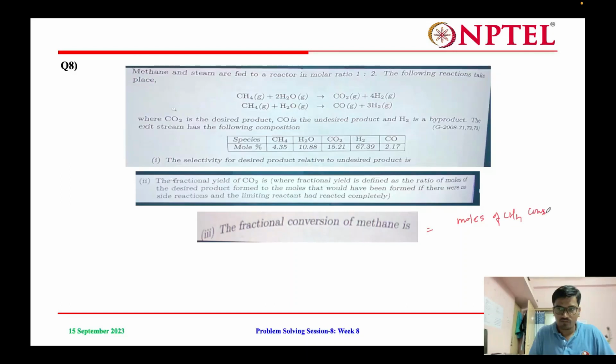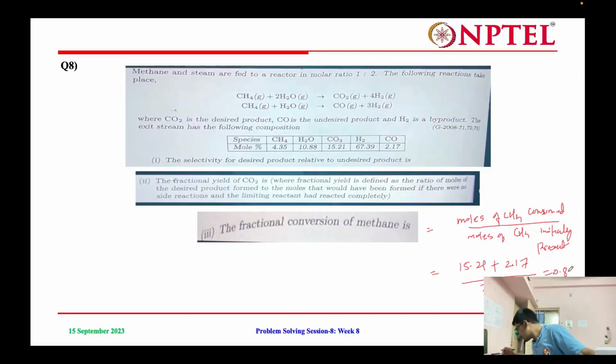So 15.21 plus 2.17, divided by 21.73 initially, gives 0.8. The fractional conversion of methane is 0.8.